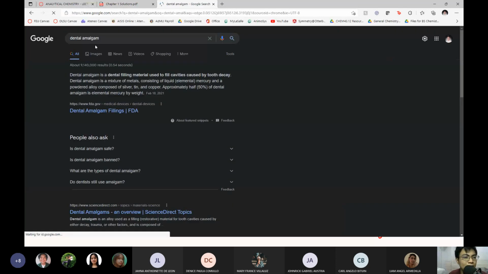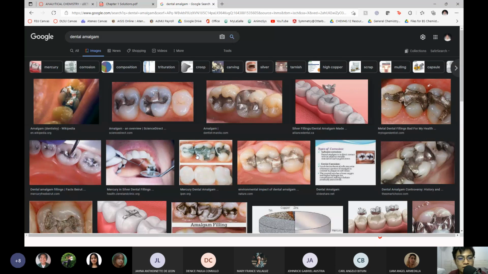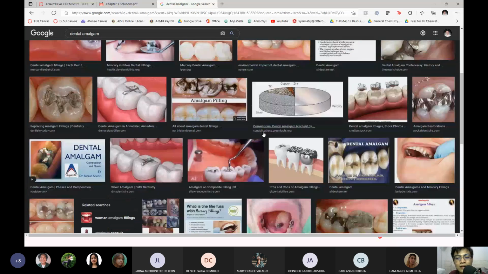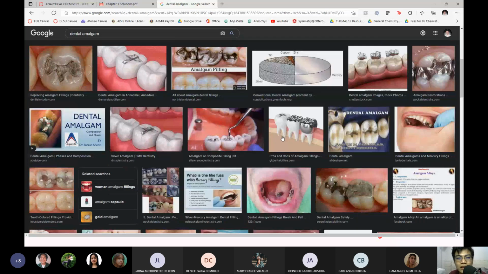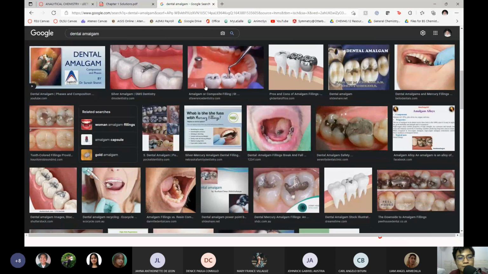Mercury and gold. Kaya nga, kung naaalala niyo yung mga documentary in GMA, nasa cemetery, some of them extracts yung ngipin ng mga bangkay. Why? Because yung mga ngipin na yon, they contain gold.